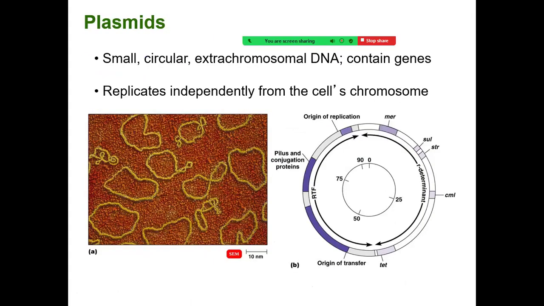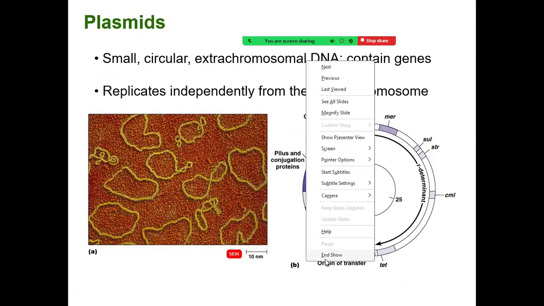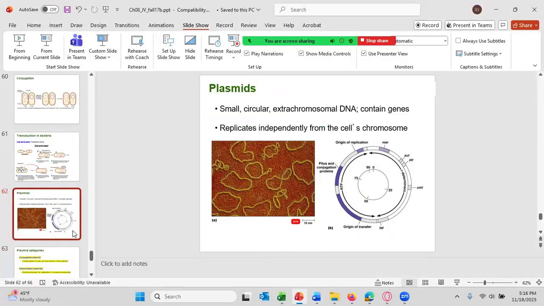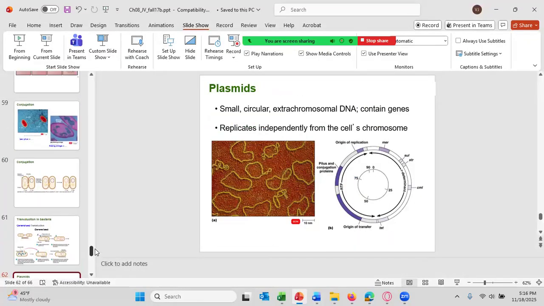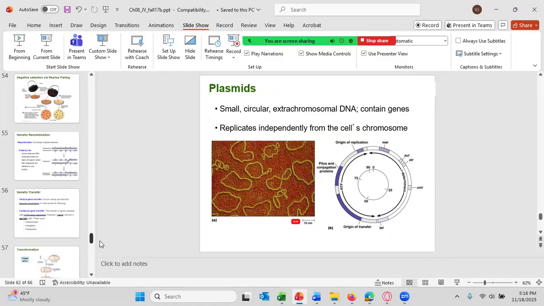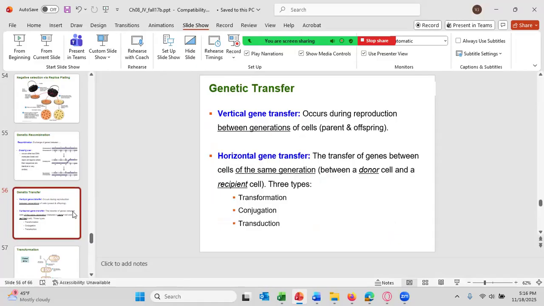Any question about the way that genes can move between different cells, meaning DNA can move from a donor cell to a recipient cell, and that's horizontal gene transfer, which can happen by transformation, conjugation, or transduction.